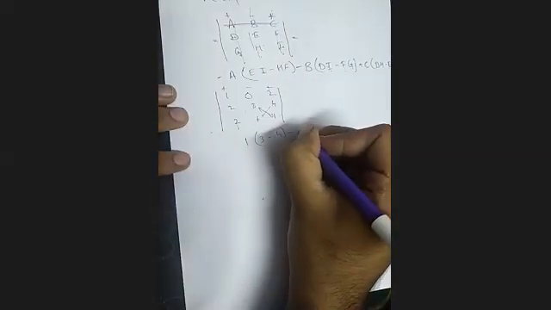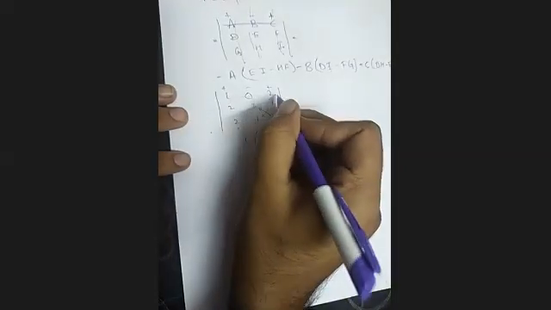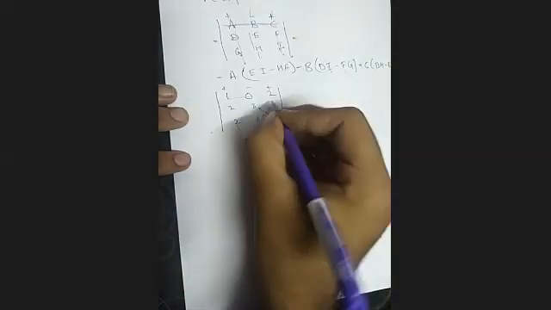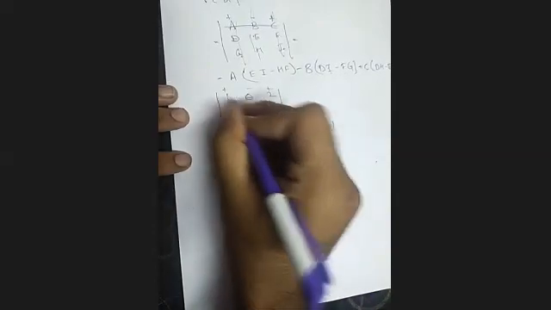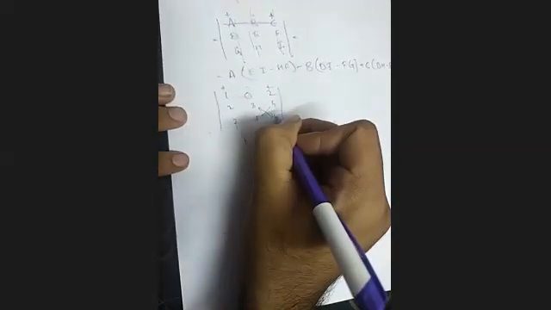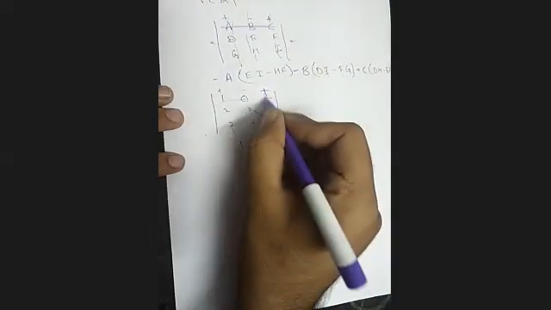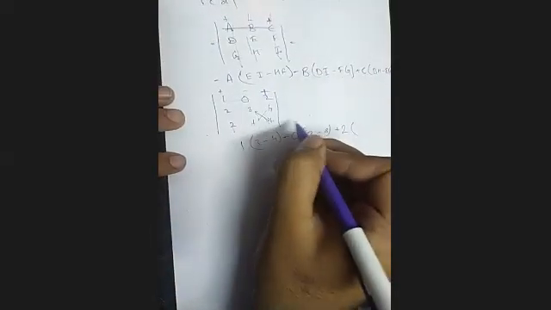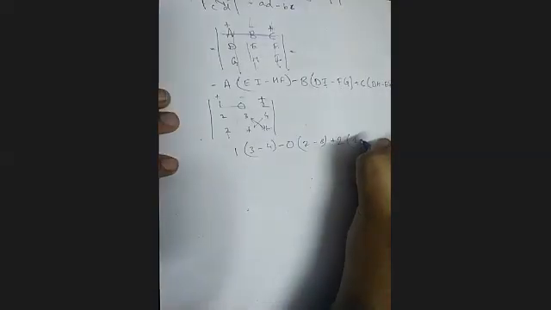Plus minus plus. So next is minus. 0 into, remove this row and this column. 2 into 1 is 2, minus 2 for the 8. We remove this row and this column. So multiplying 2 into 1 is 2. Multiplying 4 into 2 is 8. Then it is plus. Okay. 2 into, remove this row and this column. 2 into 1 is 2. 2 into 3 is 6.